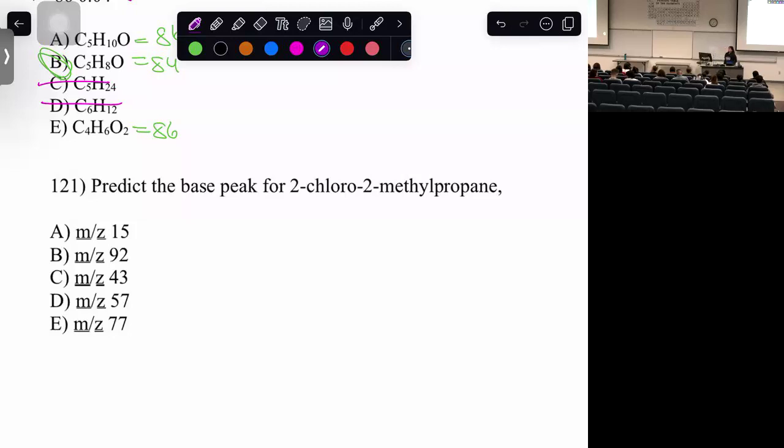Again, as far as the weight, chlorine 35, carbon 12, and hydrogen is just 1. Do we have any answers so far? We think it's B maybe? Okay, one vote for B.